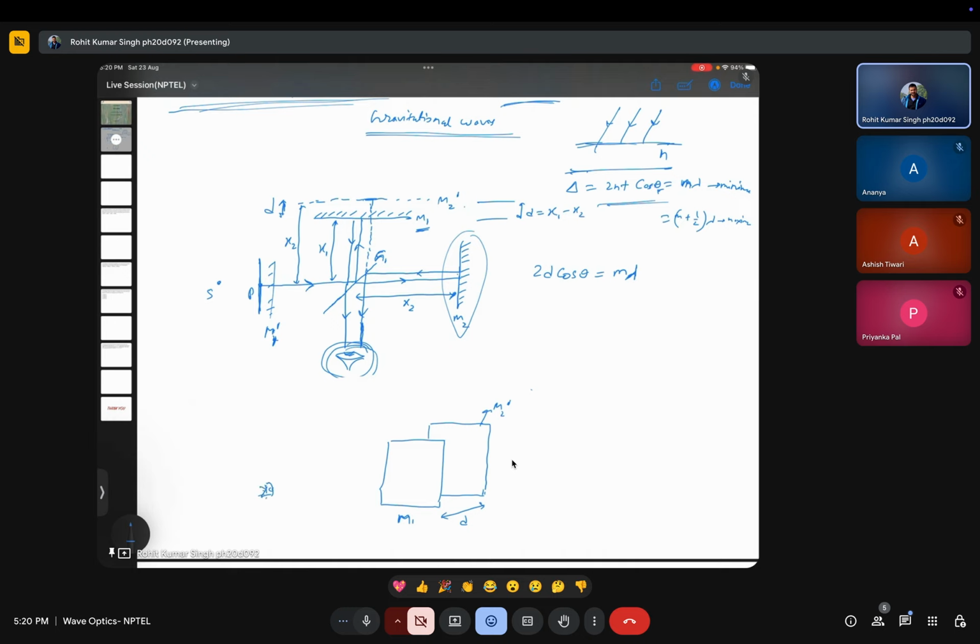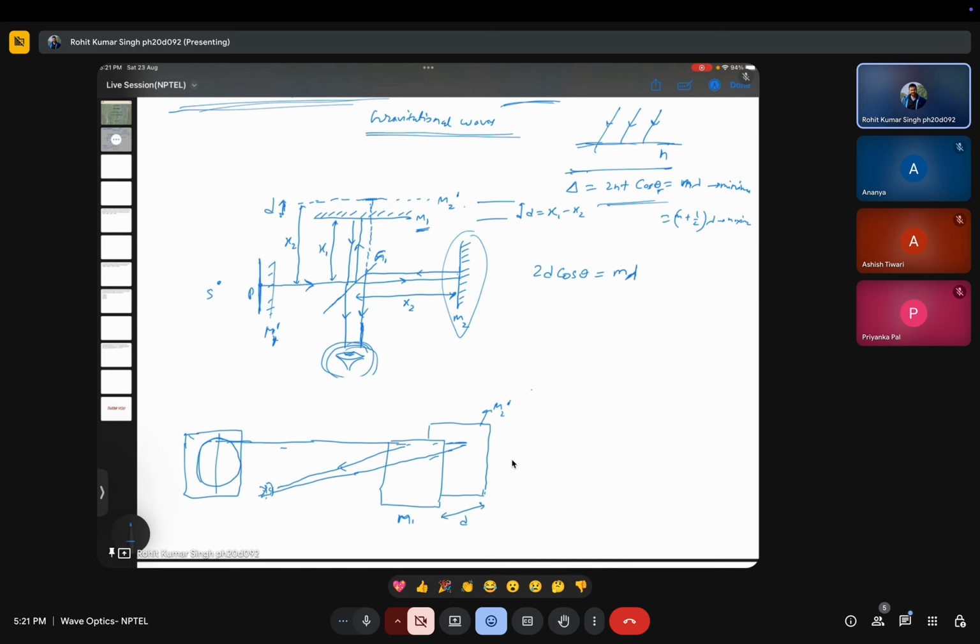You have an extended source of light. Let's imagine a light ray going from here, reflecting and coming to your eye like this. Similarly, this one will go here and come to your eye like this.